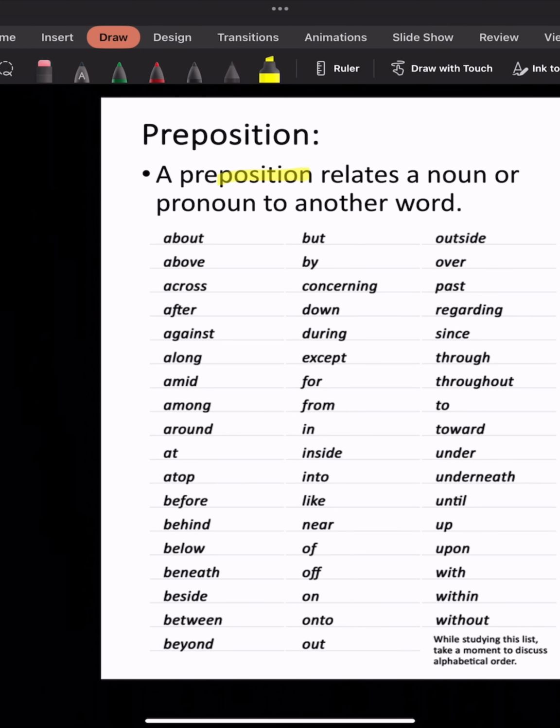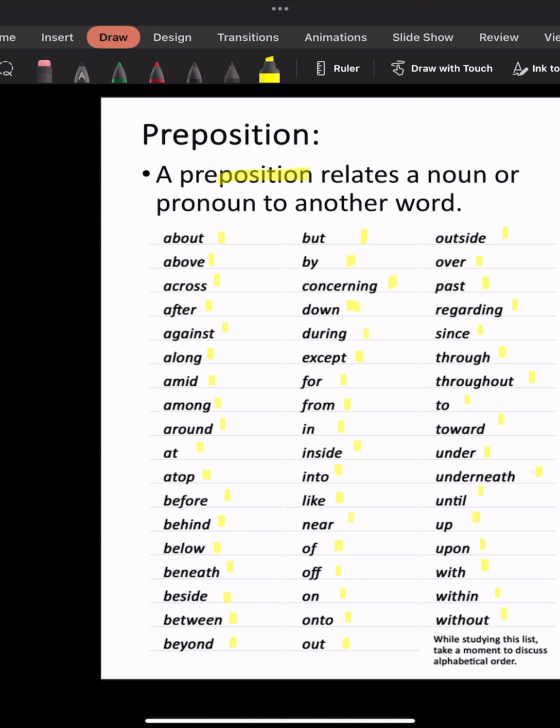So we have about, above, across, after, against, along, amid, among, around, at, atop, before, behind, below, beneath, beside, between, beyond, but, by, concerning, down, during, except, for, from, in, inside, into, like, near, of, off, on, onto, out, outside, over, past, regarding, since, through, throughout, to, toward, under, underneath, until, up, upon, with, within, without.